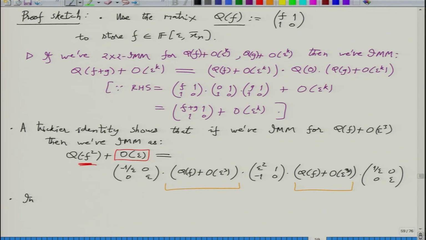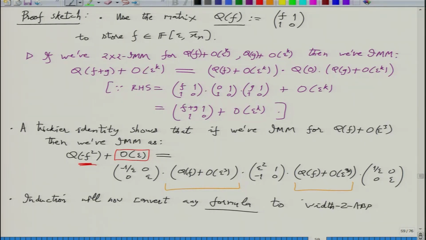So do induction on this, and so induction will now convert any formula to width 2 ABP approximatively.